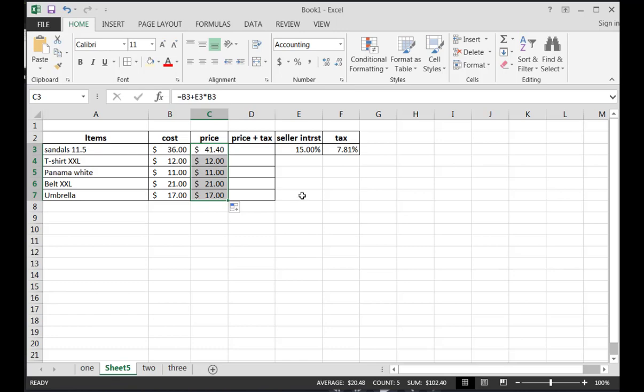So how to do this? We need to make the address reference for the seller interest absolute. Folks, we spoke about absolute addresses, and I would like to remind you that we can convert a cell address to an absolute address when we put $ before the letter and $ before the number in the cell reference.